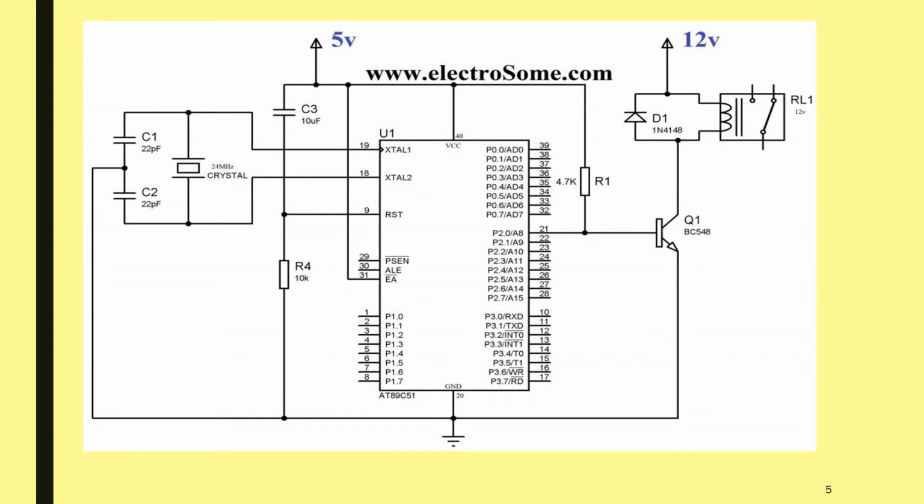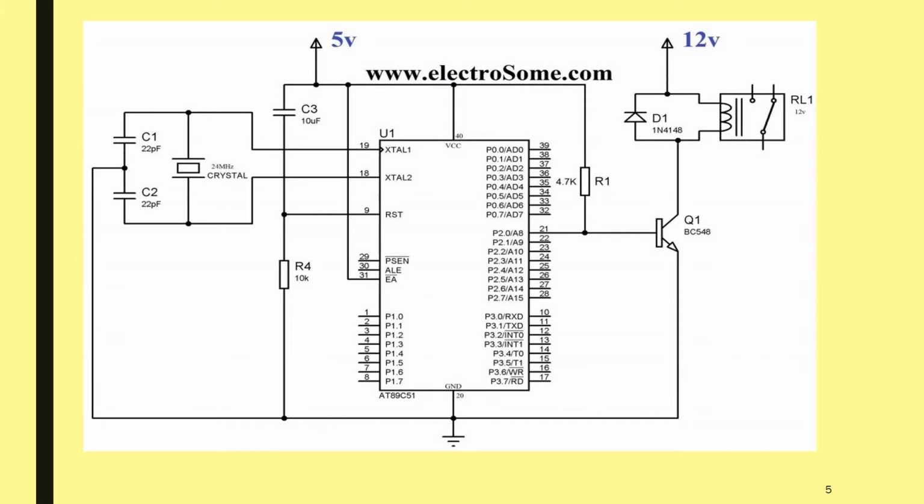Now here you can see a simple application where the controller is interfaced to a relay. The P2.0 pin is connected to this driving circuit. The driving circuit involves this diode and the transistor. These two components perform the action expected while driving the relay, and this is our main relay.